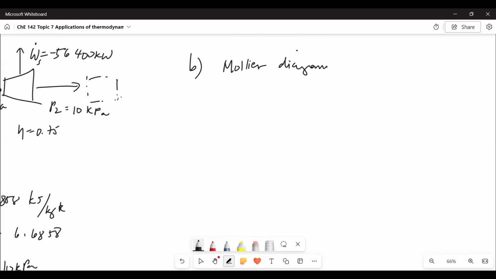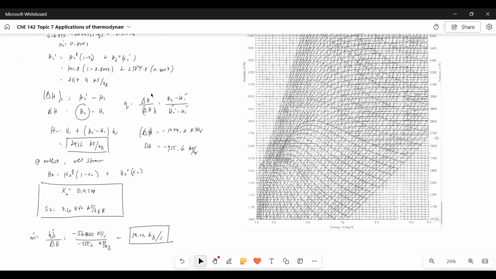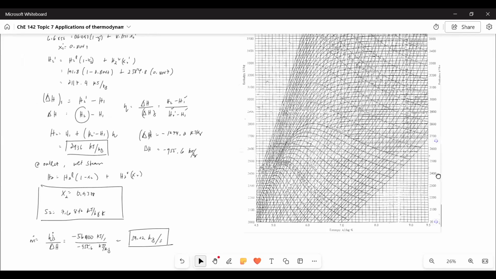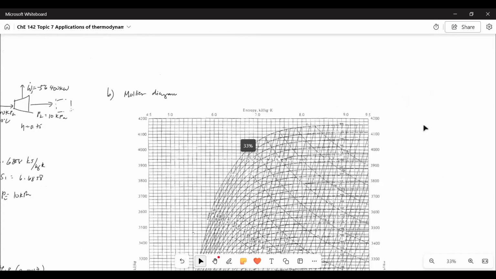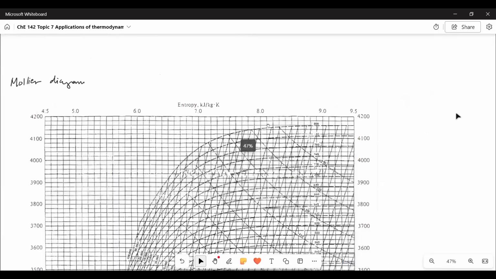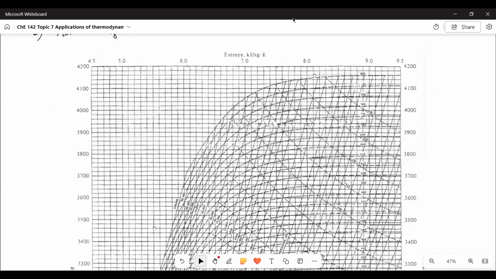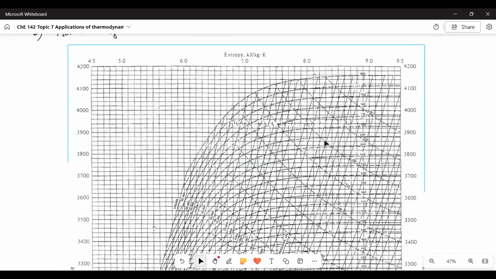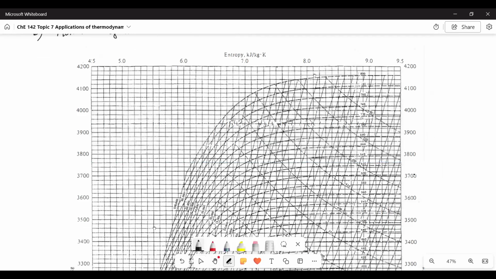I will copy paste first the diagram here. Okay, everybody, I copy pasted the diagram. It's quite difficult to do it. I did it by parts, part by part. So we now try to solve this using the Mollier diagram.